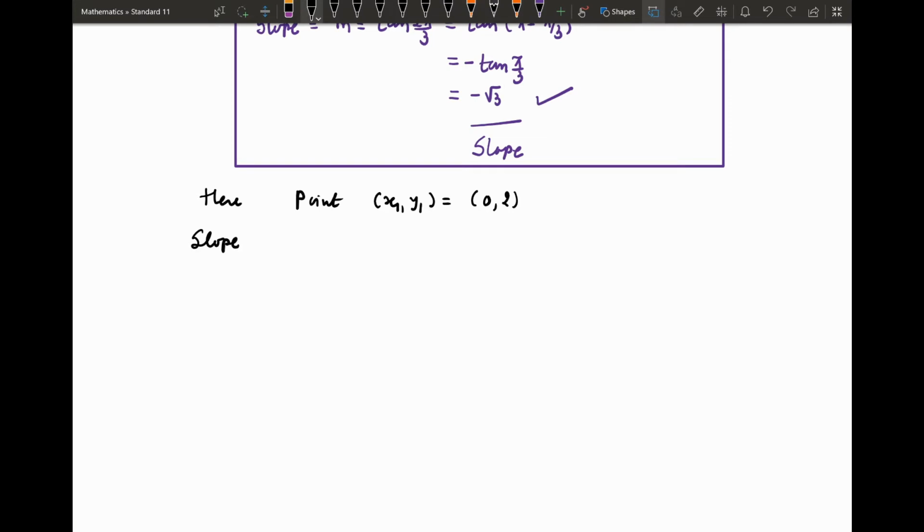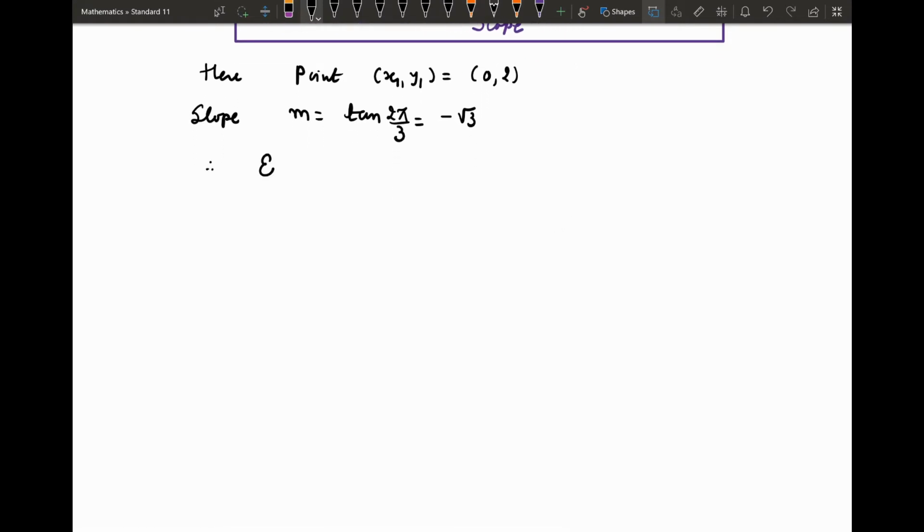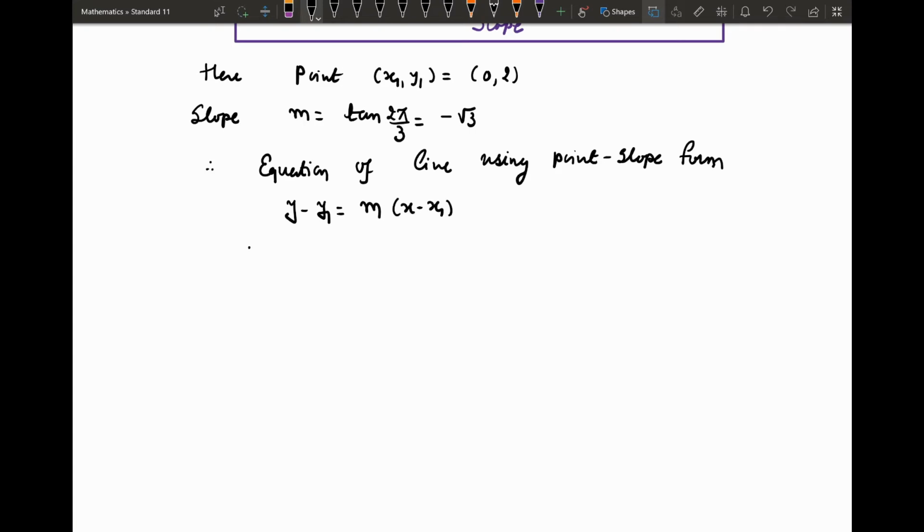Slope m equal to tan 2 pi by 3, as we have discussed earlier, and therefore the equation of the line using the point slope form is y minus y1 equal to m into x minus x1.